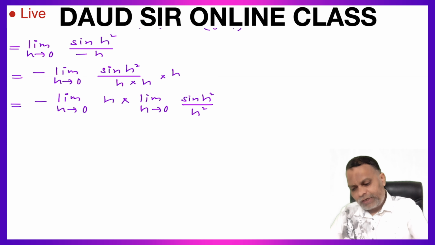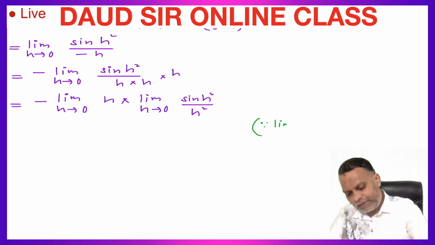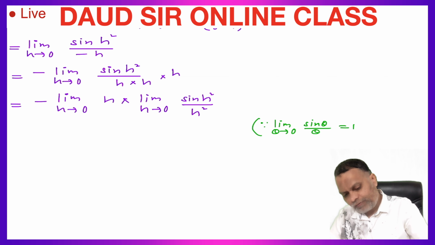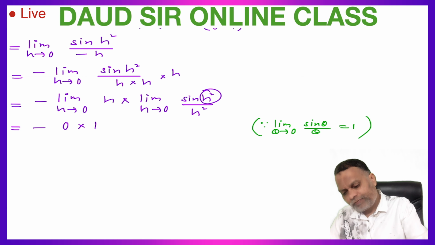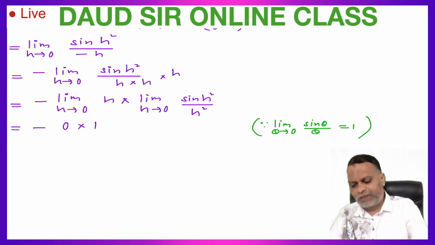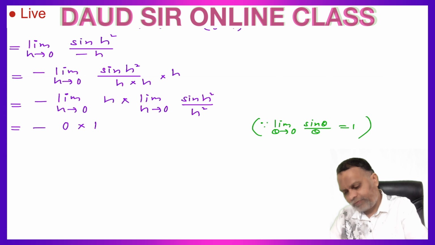Now we can use the limit: since limit theta tends to 0 sin theta upon theta is equal to 1. So which is equal to minus, put h is equal to 0 here, 0 into this is 1. Here theta is equal to h square, here also h square, h square tends to 0, that is h tends to 0, is the same thing, so this is 1.